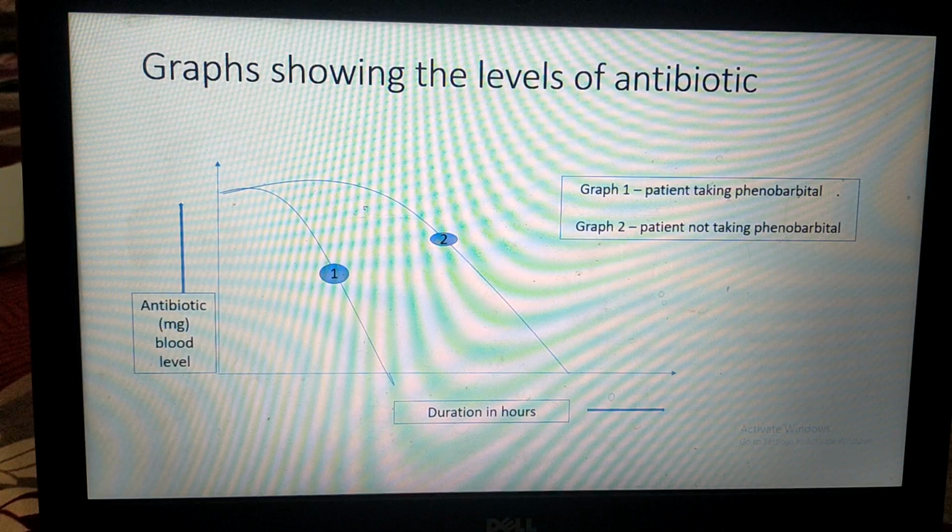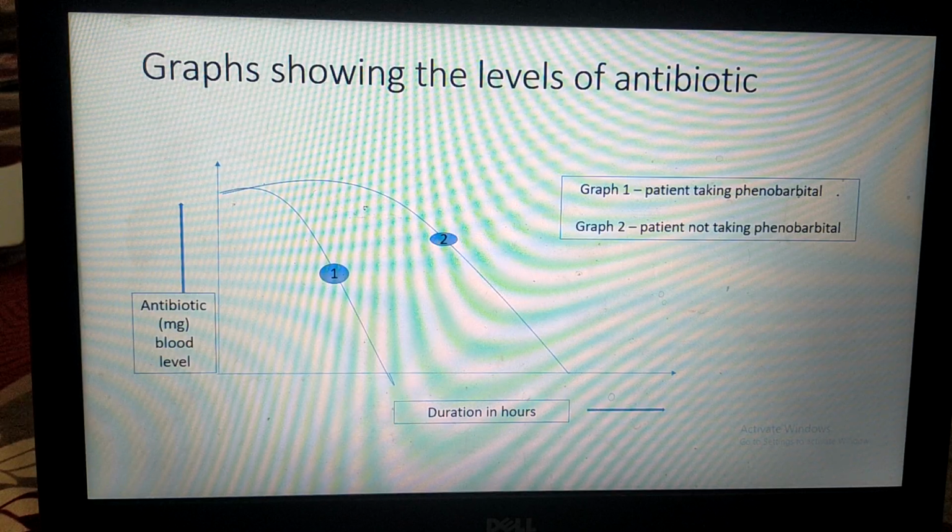This phenobarbital not only affects a single drug, but all other drugs: antibiotics, antipyretics, antihistaminics, whatever drugs are there, all drugs are detoxified faster as compared to normal. As they are detoxified and removed from the body at a faster rate, you have to give more doses, or you have to increase the frequency of doses in such a person.